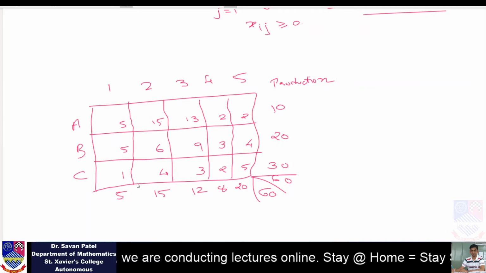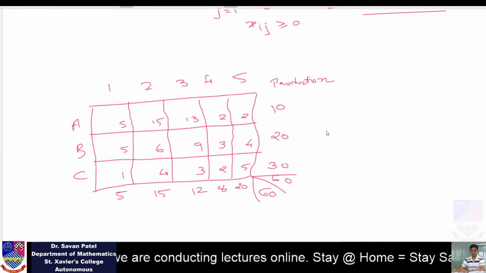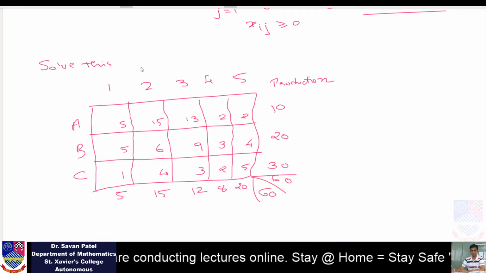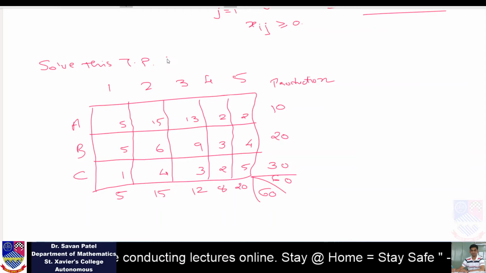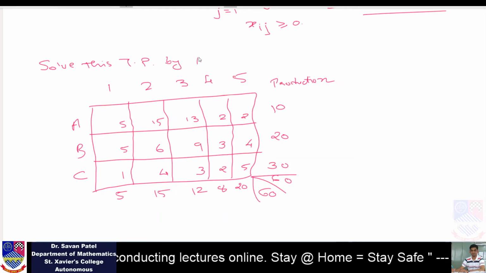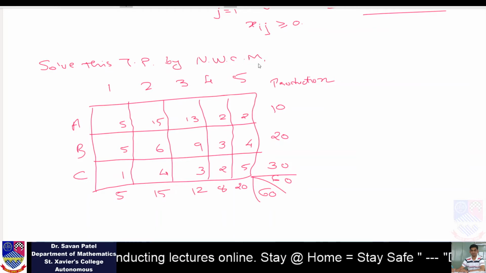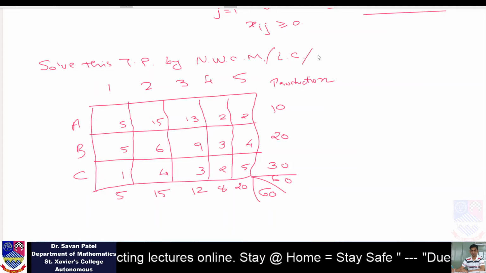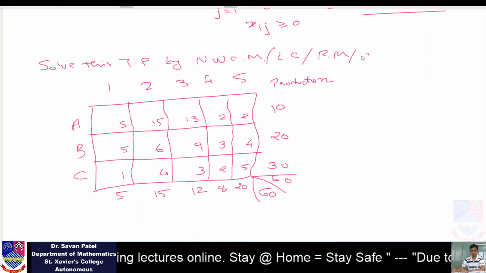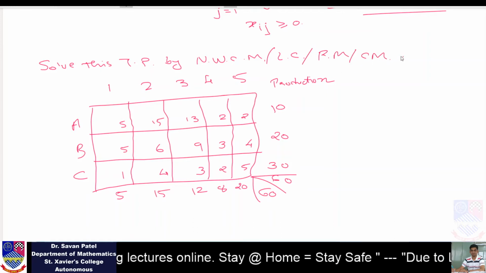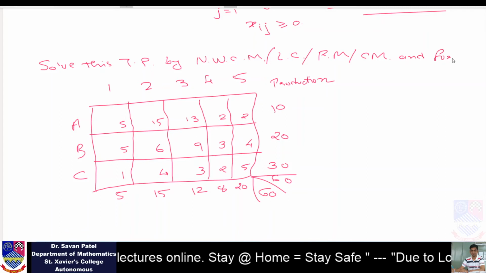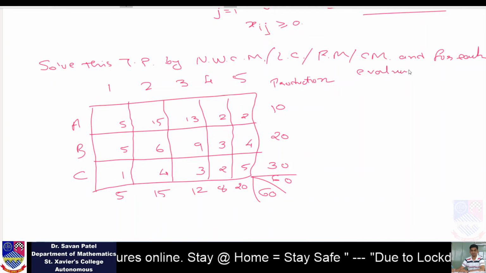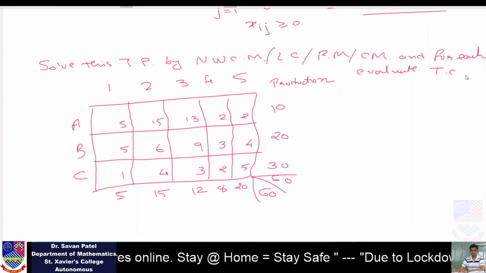Okay, so you can solve this problem by all methods, meaning north-west corner method, least cost method, then row minima method, column minima method, and for each, evaluate the transportation cost.